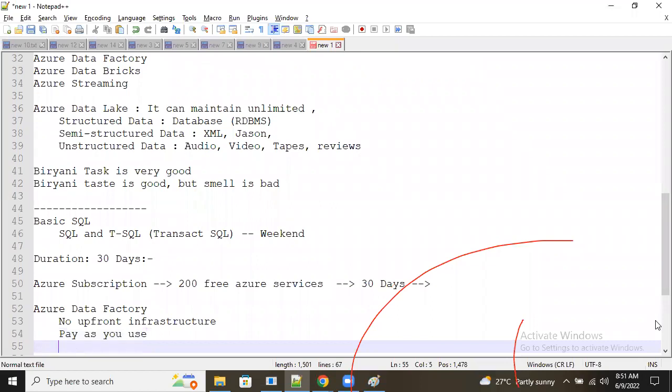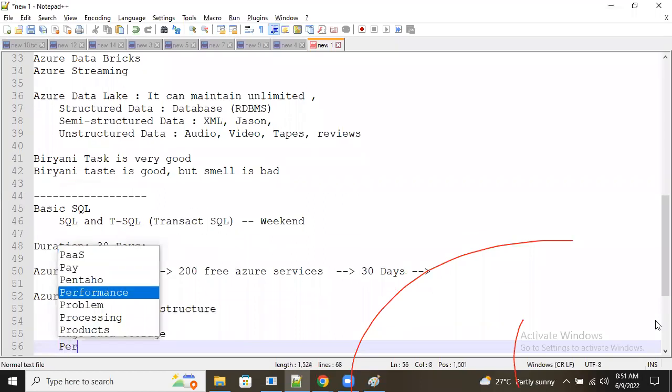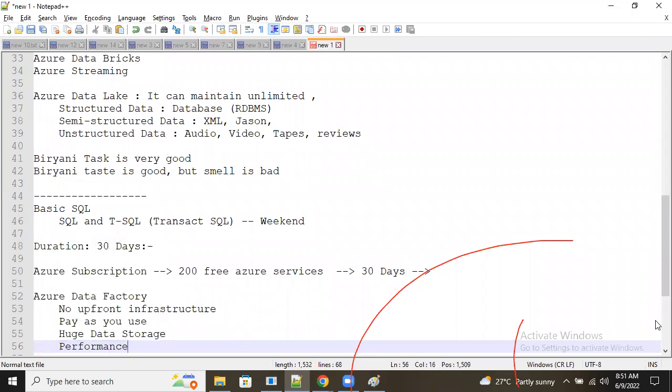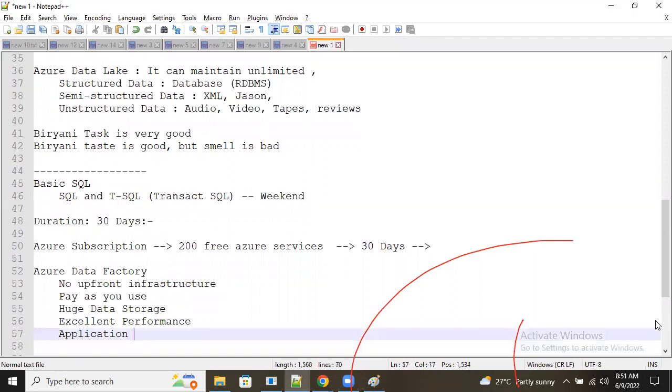And usage capacity, data storage, and performance, excellent performance. Application accessibility, for example. Now see, I'm traveling, sir.